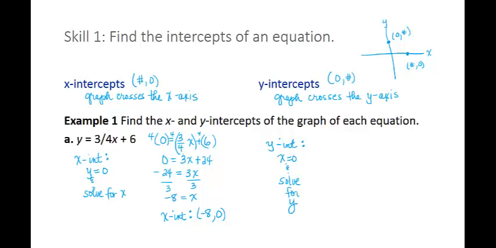In the equation, we get y equals 3/4 times 0 plus 6. But 3/4 times 0 is 0, and 0 plus 6 is 6. So the y-intercept is the ordered pair (0, 6).